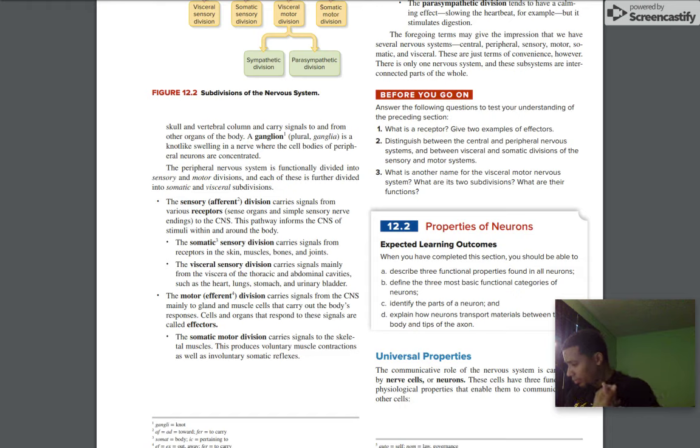All right. Now, let's say if you have a negative feedback loop, let's say you have a fever and you need to cool down, you need to reduce your body temperature. The organs or the cells that do that in response to the brain and the central nervous system telling them, hey, it's hot, you're getting hotter.